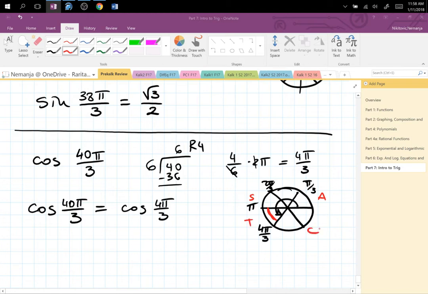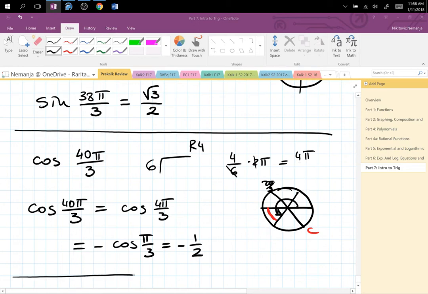It's negative, right? So this is all equal to negative cosine of pi over 3, and the cosine of pi over 3 is 1/2, so negative 1/2. I hope you guys see that you must use the reference angle.